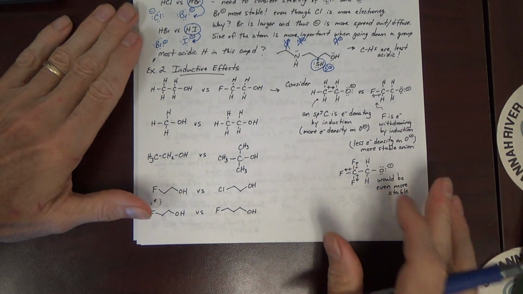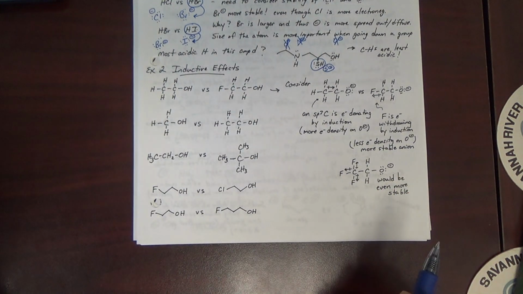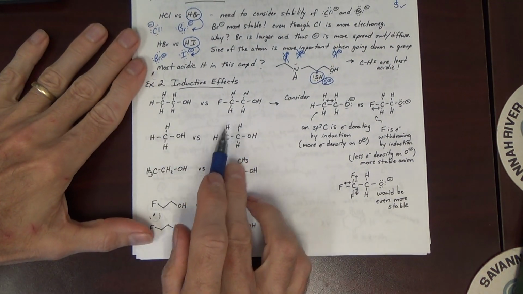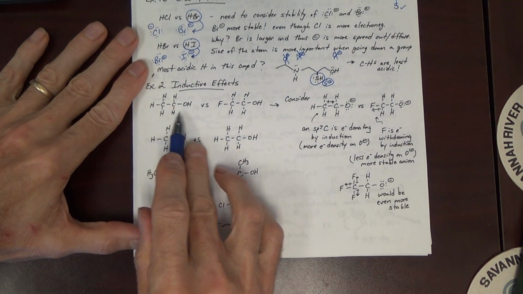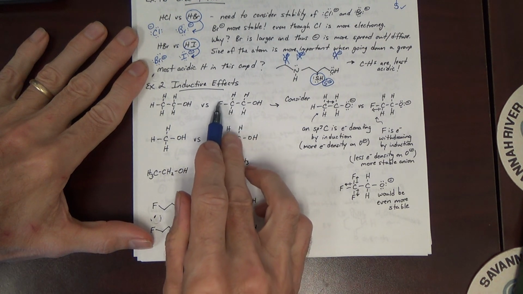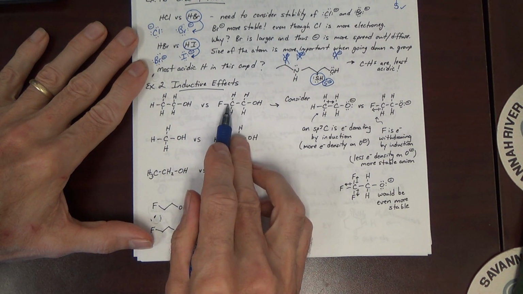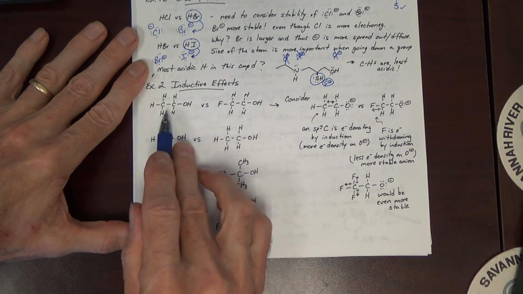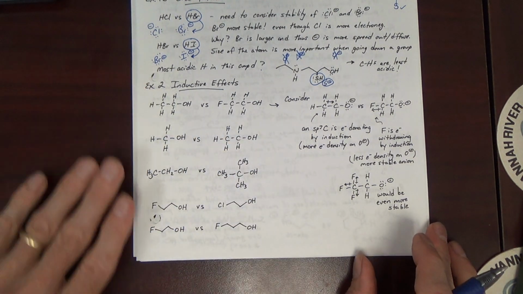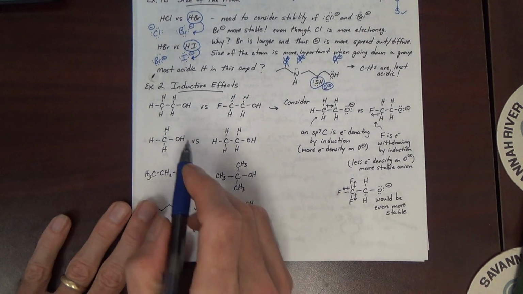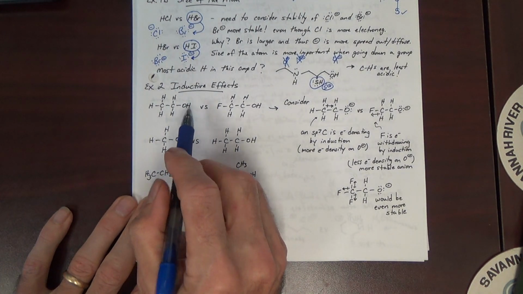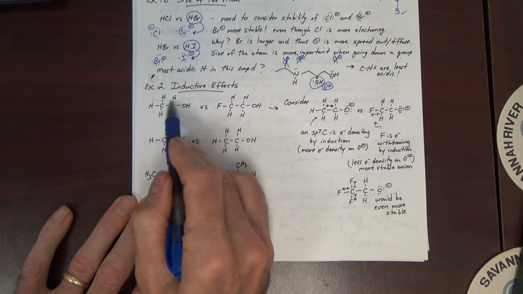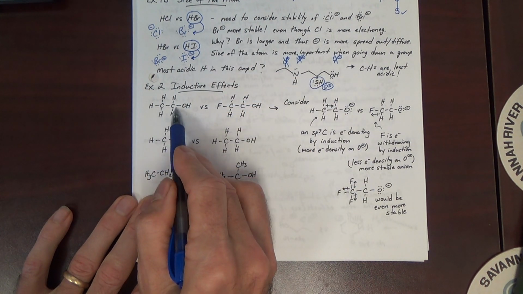Okay, next let's look at number 2, inductive effects. And here I give you 2 alcohols. The difference being this one has a fluorine on the second carbon. Which one of these alcohols is most acidic? Now first off, we're clearly considering the OHs, because within this molecule, the OH is more acidic than the CH.